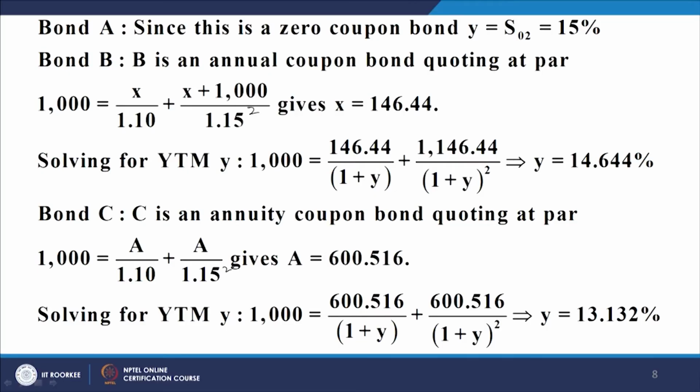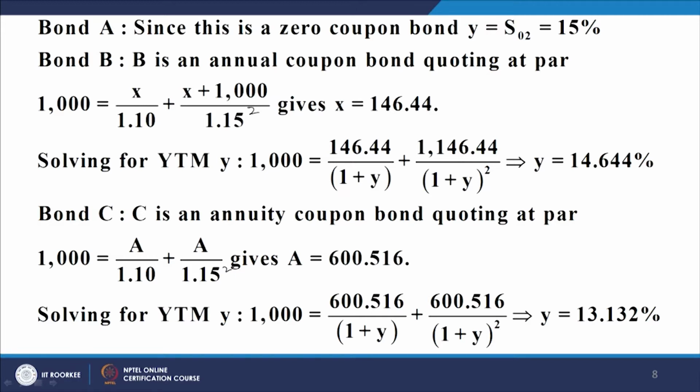Then we can solve the YTM equation. 1000 is equal to 600.516 divided by 1 plus y, this is for the first year, plus 600.516 divided by 1 plus y whole squared, this is the discounting of the cash flow for the second year.